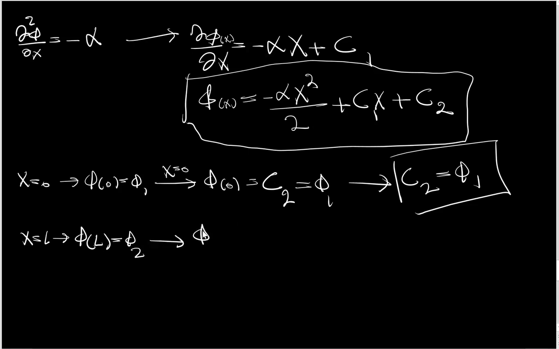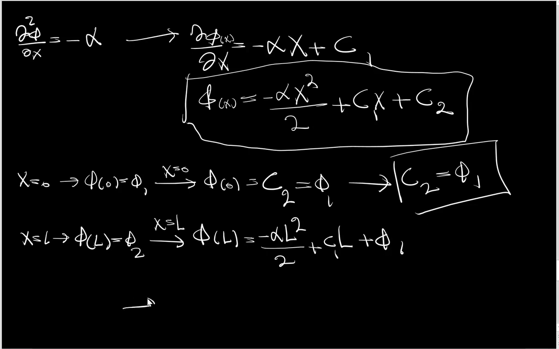Now if I plug L into x, this will be negative alpha L squared over 2 plus c1 L plus phi 1, and eventually c1 will be alpha L over 2 plus (phi 2 minus phi 1) over L. Okay, so this will be c1.